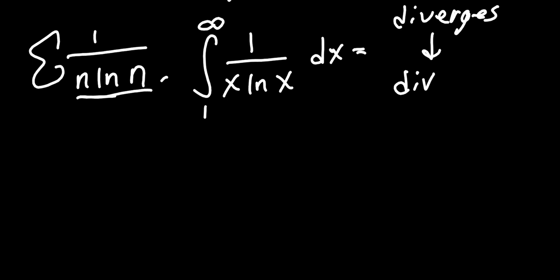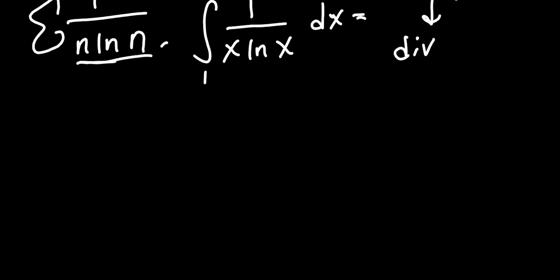Okay. Next is the ratio test, which is the one where you kind of have to remember the most things. So if you have, for example, a sum such as n factorial over 3 to the n, this one is very useful when you have exponents and factorials, and also powers like n to the n or things like that.